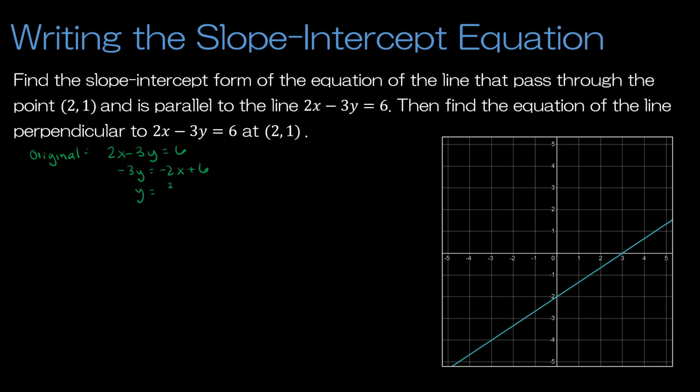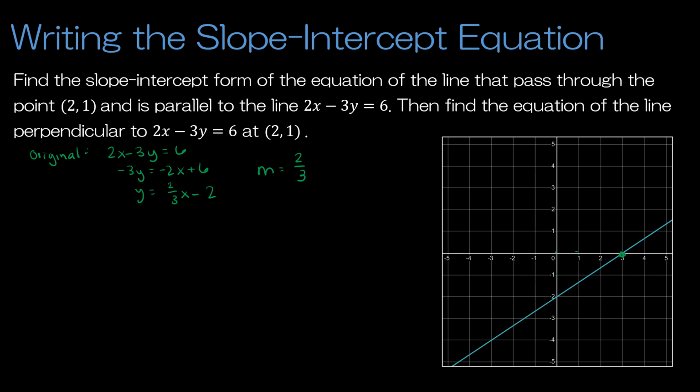That's going to give me 2/3 x, and then minus 2. So let's double check before we do a lot of work based on that. It does in fact go through at -2, and I have a rise of 2 to a run of 3 to get to the next point on my line. So I feel pretty good about the slope of 2/3. So the original has a slope of 2/3.